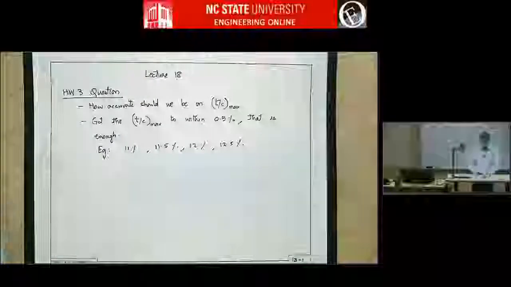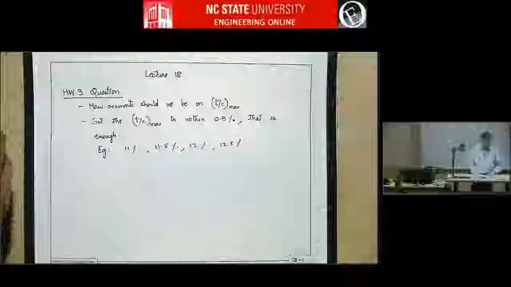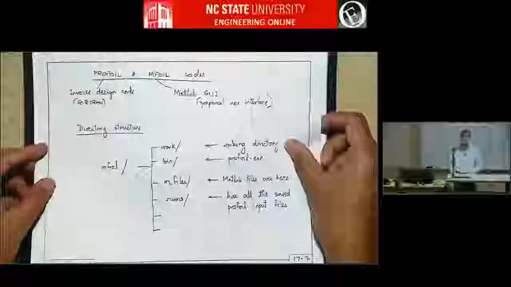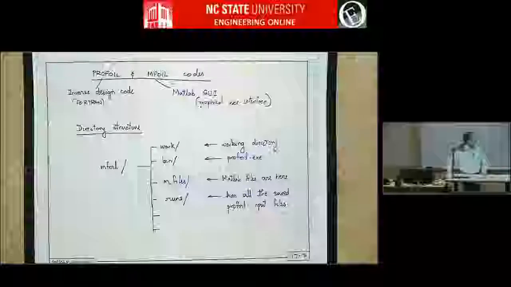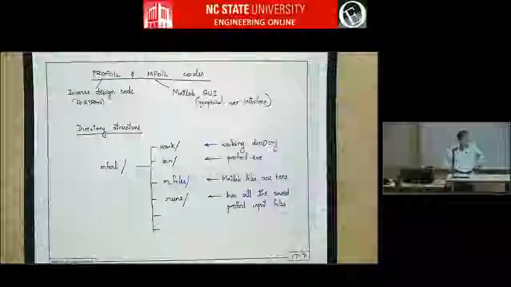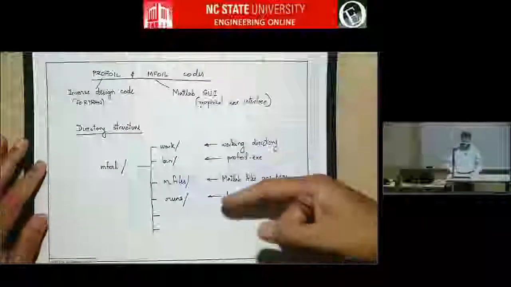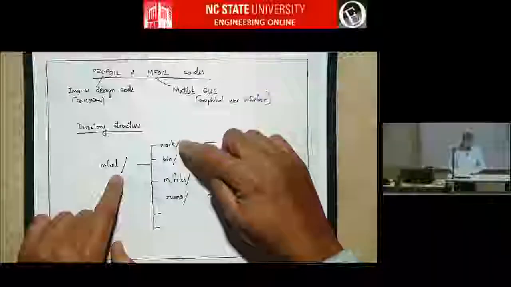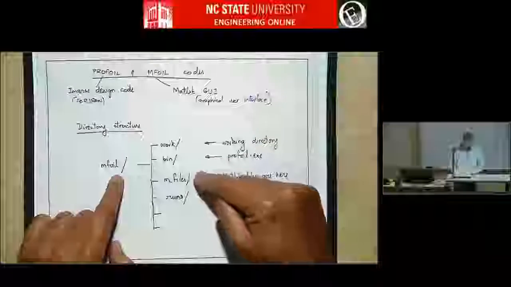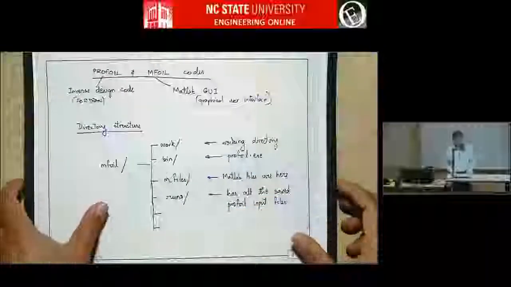So in the last class we were talking about how to install the Profoil code and the Mfoil code. When you unzip the file that I gave you, you'll have these directories extracted. This is a parent directory, and then you'll have work, bin, m_files and runs.